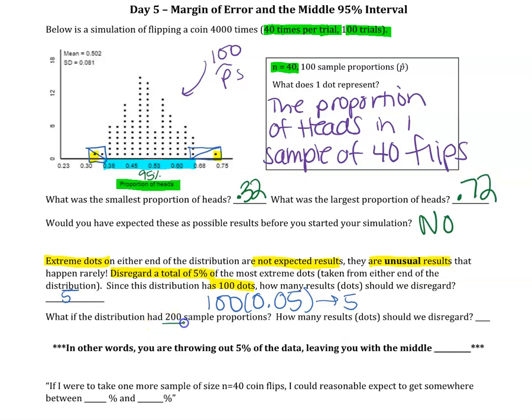If there were 200 dots in this distribution, and I wanted to figure out how many dots to throw out, 5% of 200 is 10. So I would have thrown out 10 dots, 5 on either side. In other words, by throwing out the 5% of the data on either end, we're leaving the middle 95%.